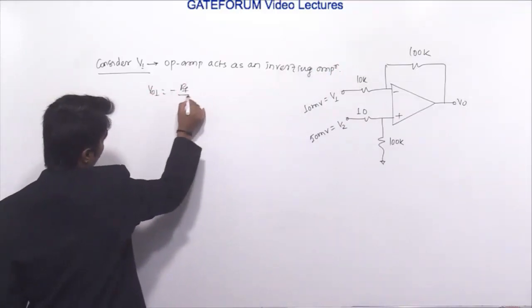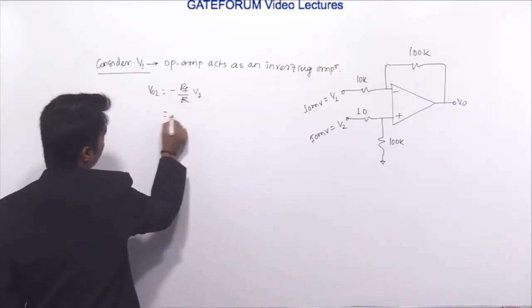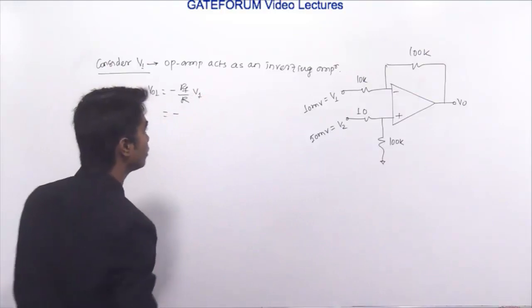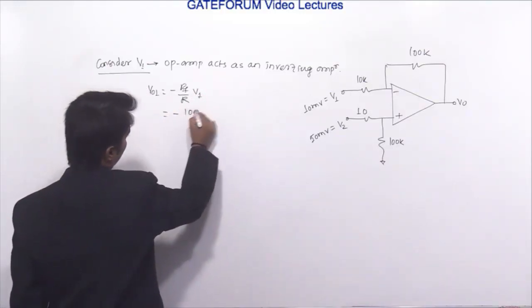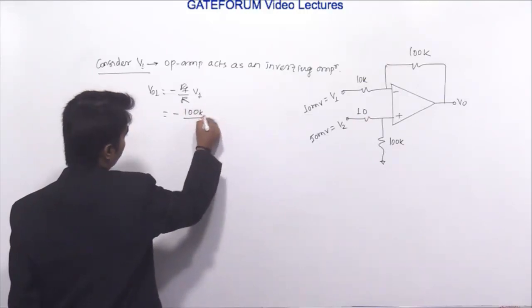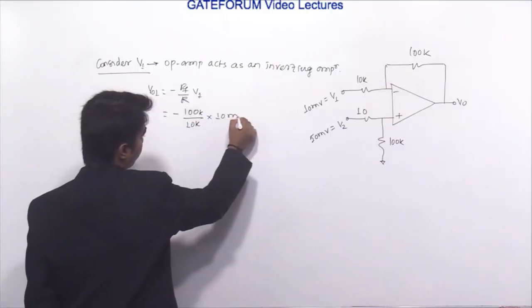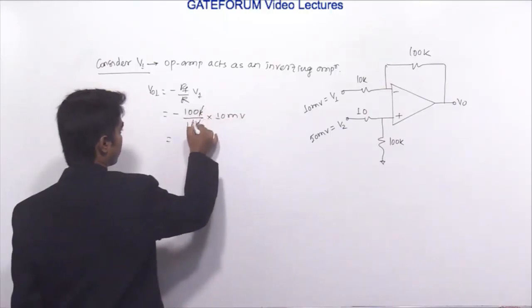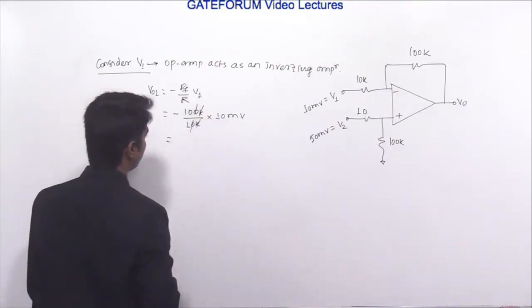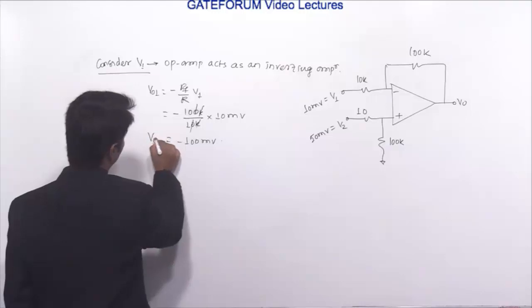VO1 is minus RF by R into V1, which means minus 100K by 10K, the K gets cancelled, into 10 millivolt. It will be minus 100 millivolt. This is VO1.